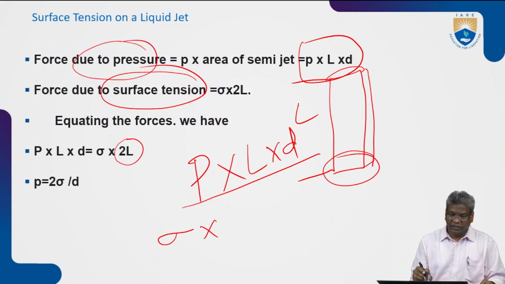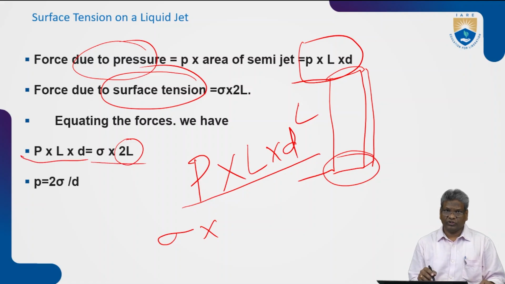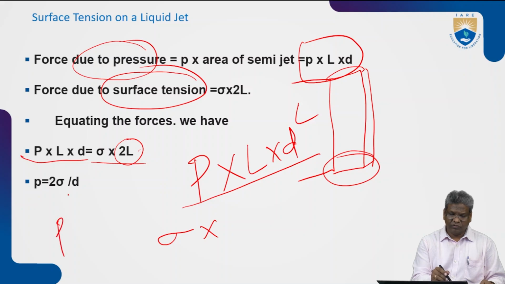So under equilibrium conditions we can equate pressure force and surface tension force. Pressure force is P into L into D. Surface tension is because of the lengths, right? It is a line force. Then sigma into 2L. So this L and L gets cancelled.